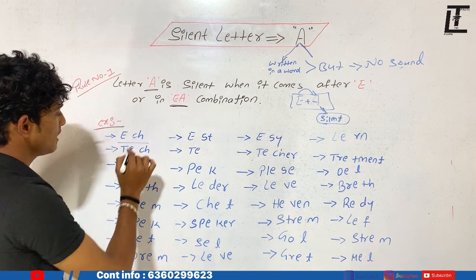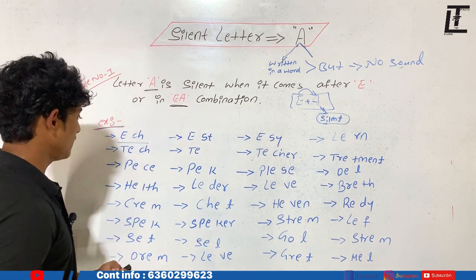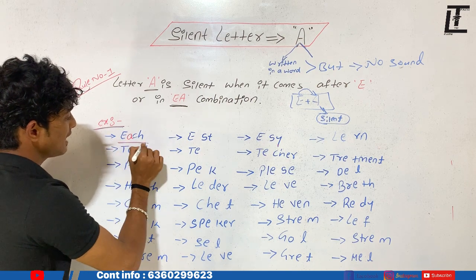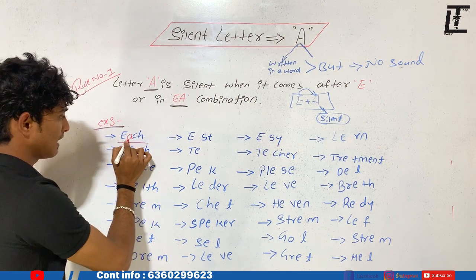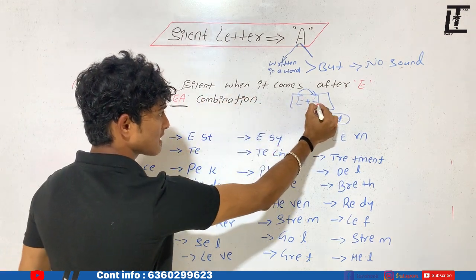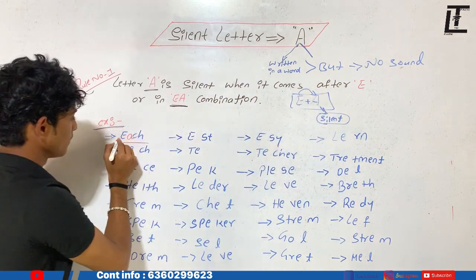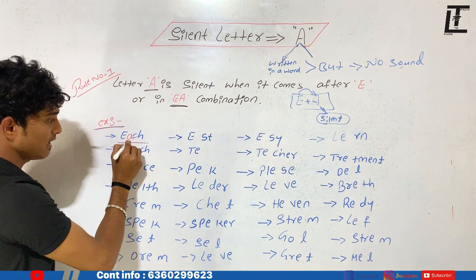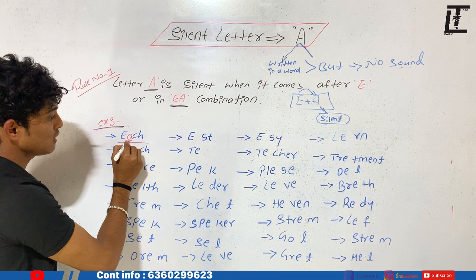See, in the word each, we have to write A here. A is not pronounced. A is a silent letter. Why? According to rule number 1, letter A is silent when it comes after E. There is an E, and after this E there is an A, which means A is not pronounced.